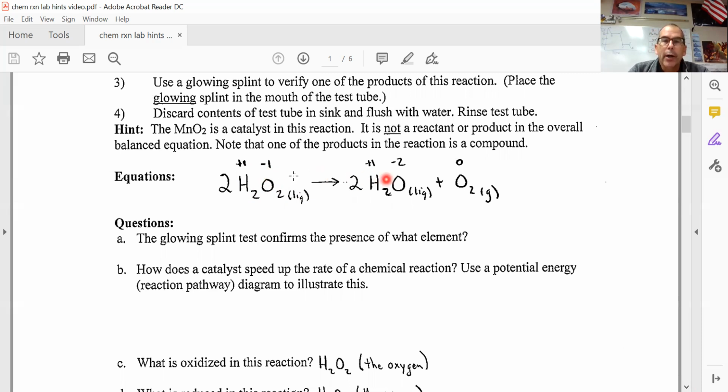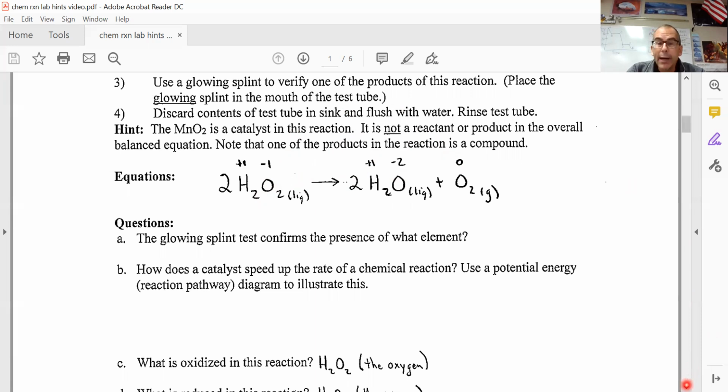When it breaks into water, it goes from -1 to -2, and also it goes from -1 to 0. So this oxygen in the hydrogen peroxide is both reduced, going to H2O, and oxidized, going to the O2.